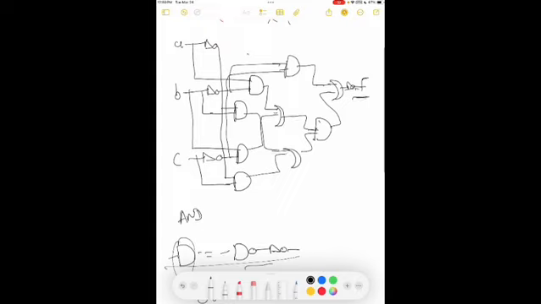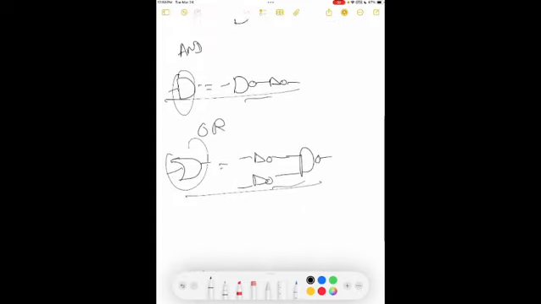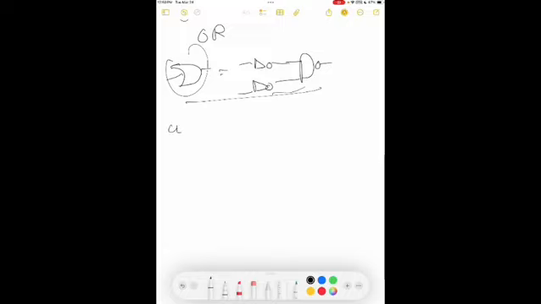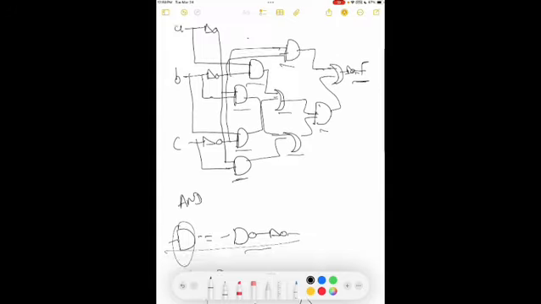Okay, so I'll write a new circuit, that's fine. A, B, C. First this is AND, two ORs and AND. Okay, perfect.